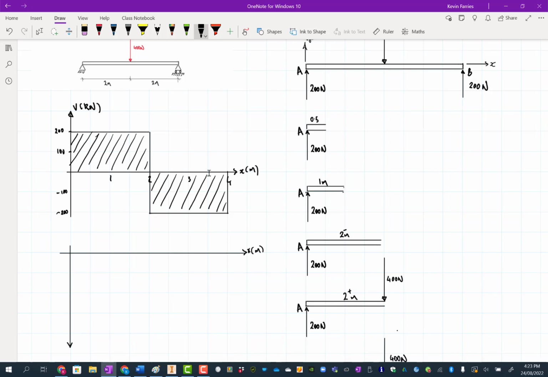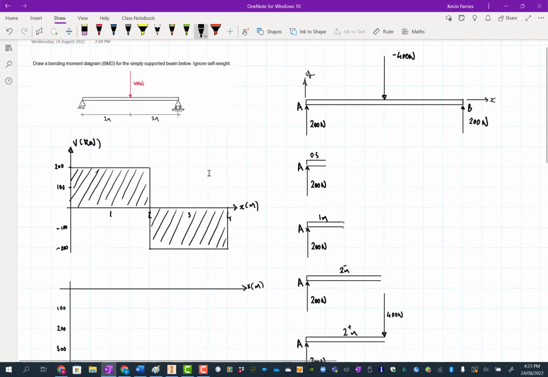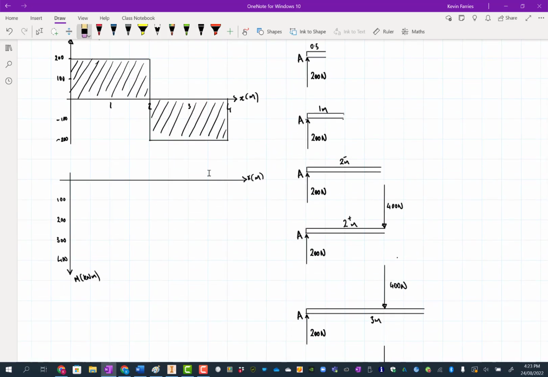So I can start doing this on. That's going to be 100, going positive downwards, so these are positive moments. 300, 400. This here is moments, and it's going to be in kilonewton meters. Or is it? It's going to be Newton meters because that's in newtons.